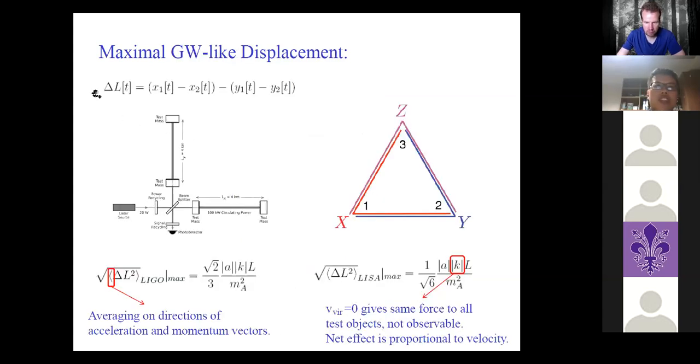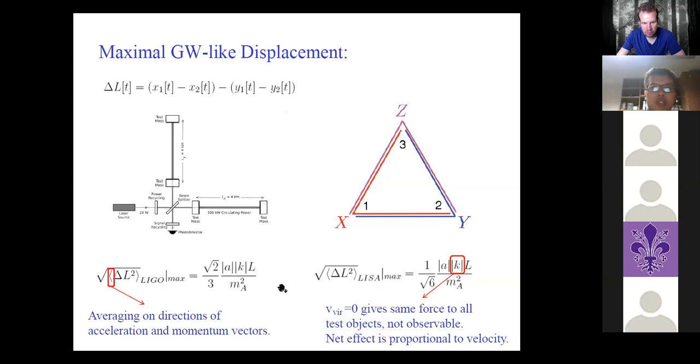And after obtaining the displacement of each test mass, we can calculate the relative arm length change of the interferometer, delta L, as a function of time t, which is given by this equation. Delta L is defined by the relative arm length change of the X arm minus the relative arm length change of the Y arm.